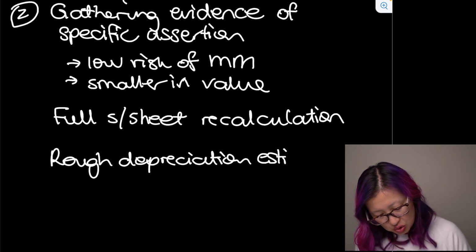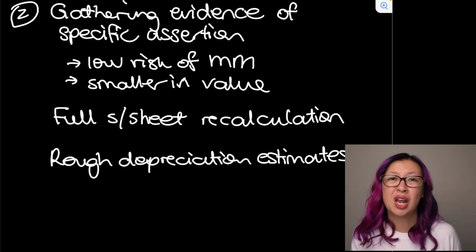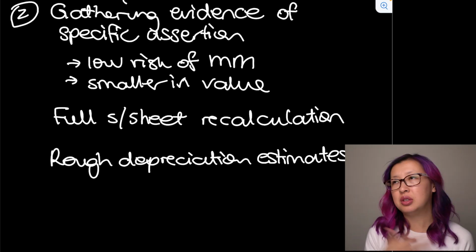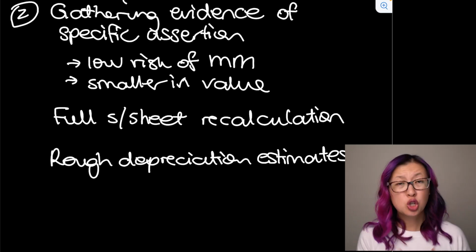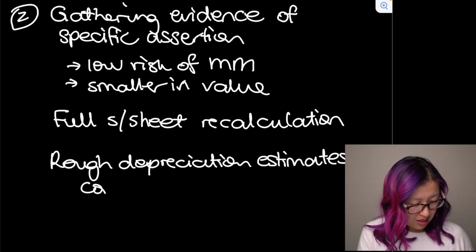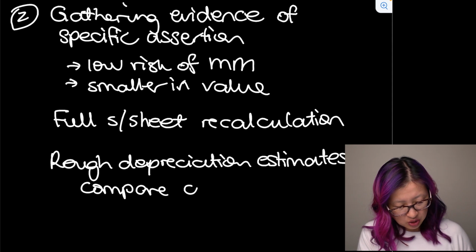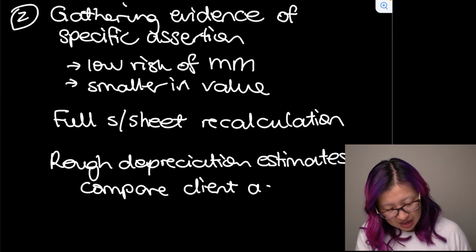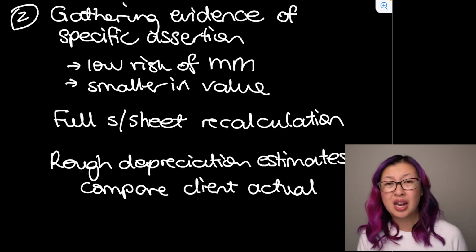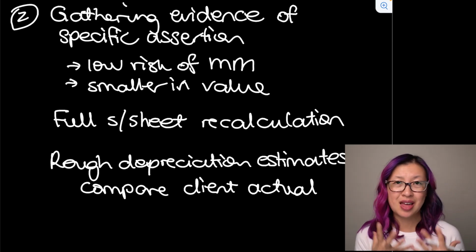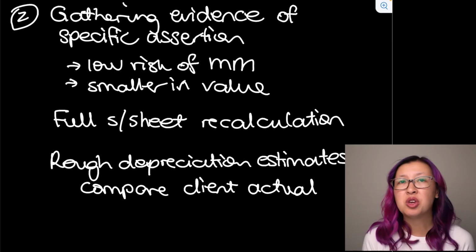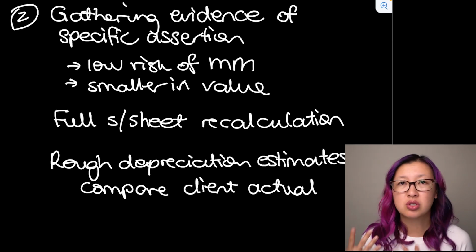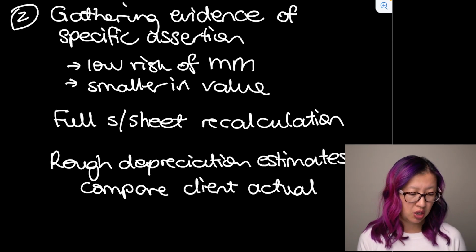All right, so you might do a rough depreciation estimate. You know that this is the method, this is the useful life, here are the asset values, and you could do a rough estimate and then compare that to the client actual. And again, if this is a low risk account and it's smaller in value, you might say that that provides sufficient and appropriate audit evidence to say that the valuation assertion or the accuracy valuation assertion for depreciation is appropriate.